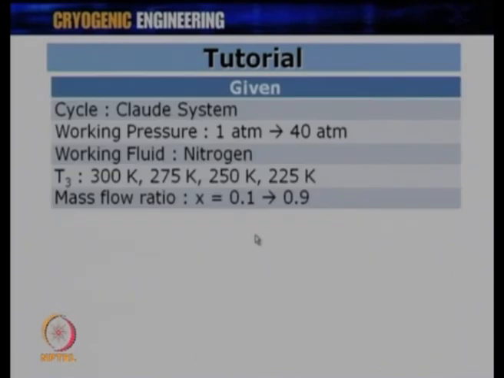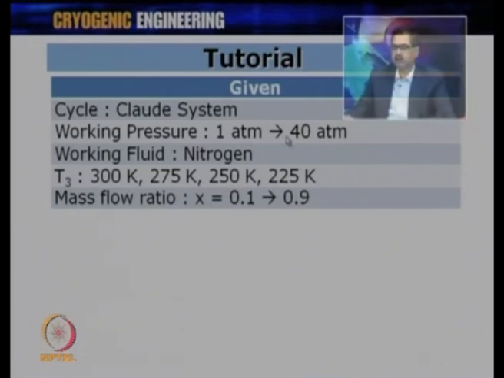So, as we go through every cycle, we see what the problem is. The problem is we have a Claude cycle, a Claude system. The working pressure is 1 atmosphere to 40 atmosphere here. The working fluid is nitrogen.